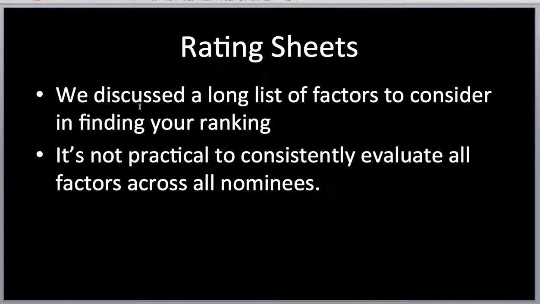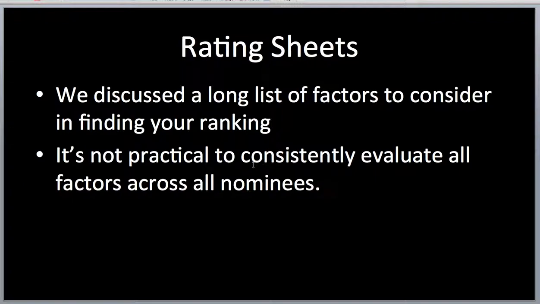Now, it might start to seem really complicated in your mind because in the meeting we discussed a long list of factors to consider whenever you do your rankings. Maybe you should think of the four categories as just broad categories that you could use to write down some numerical scores that would just help you with your ranking.